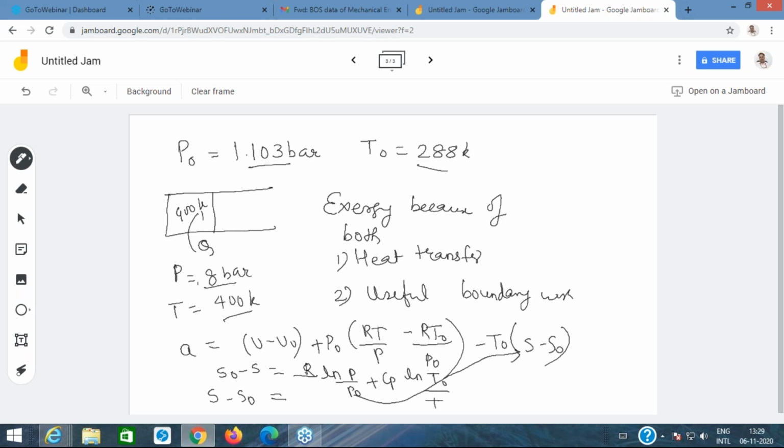Has anybody calculated S naught minus S? Calculate S naught minus S and let me know the answer, and then put the value of S minus S naught as negative.